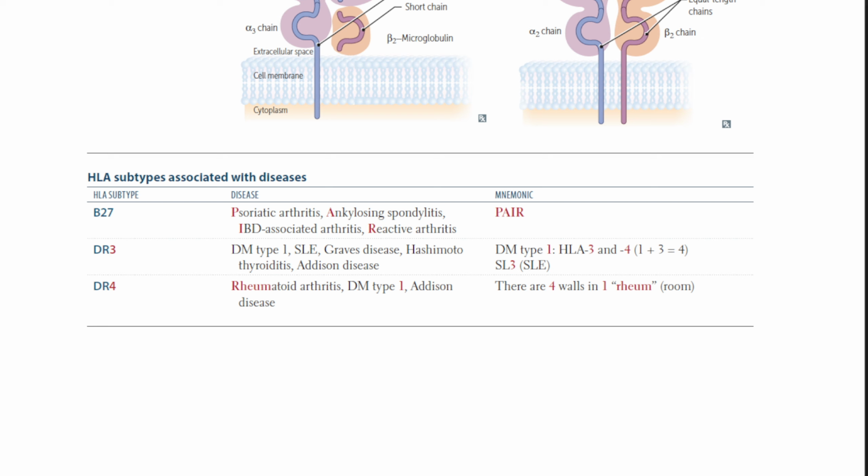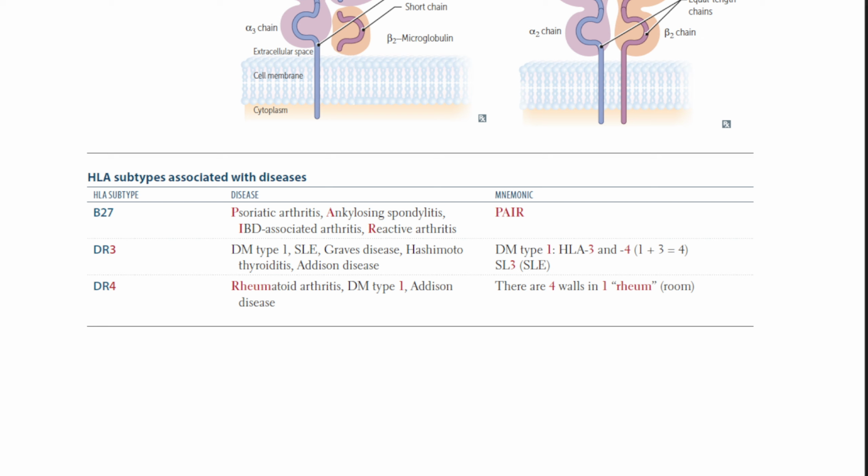Another one is DR3. DR3 is associated with diabetes mellitus type 1, systemic lupus erythematosus, Graves' disease, Hashimoto thyroiditis, and Addison disease. Remember this one. DR3: diabetes mellitus type 1, systemic lupus, Graves' disease, Hashimoto thyroiditis, and Addison disease.